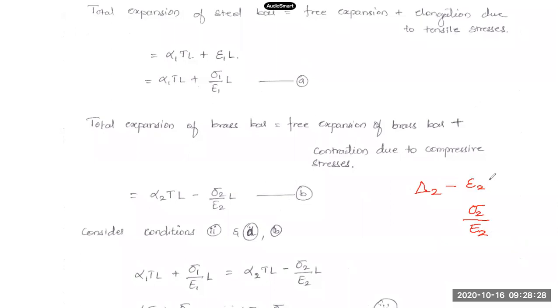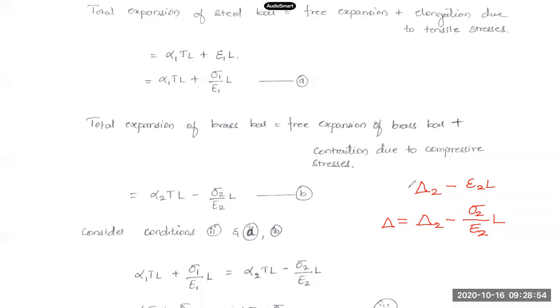So epsilon 2 into L, where the strain can be put in the form of stress by Young's modulus, sigma 2 by E2 into L. So the final deformation in the brass bar is also delta only, which is equal to delta 2 minus sigma 2 by E2 into L. That has been put here.